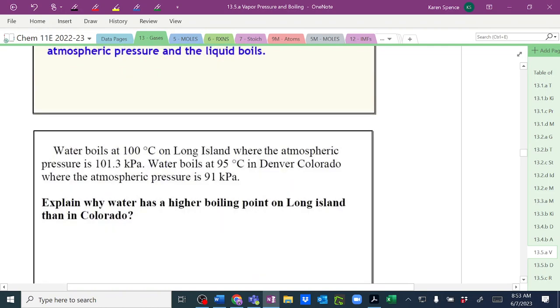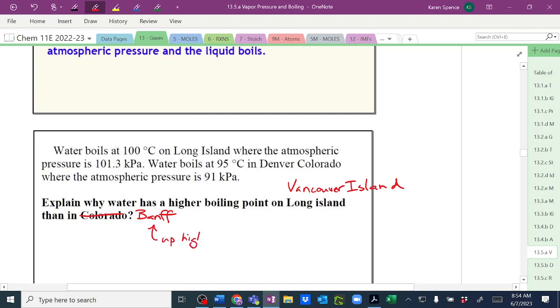Why does water have a higher boiling point on Long Island? We could say Vancouver Island, to make this more Canadian friendly, than in Banff. On a mountain, it's up high.